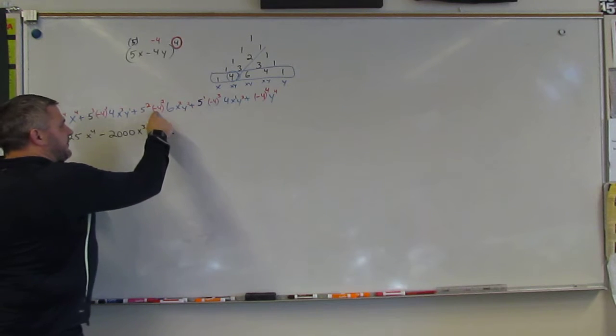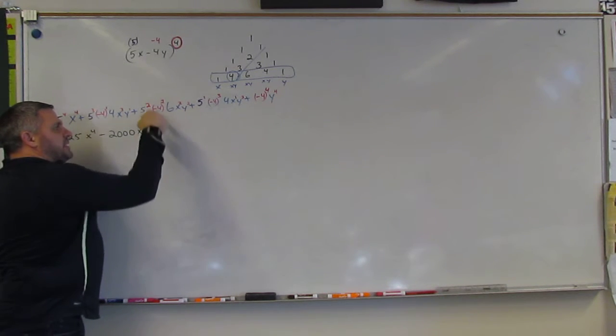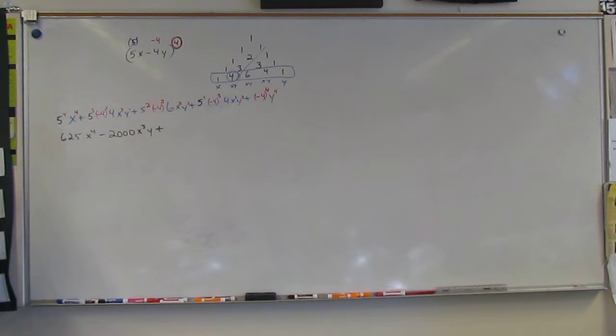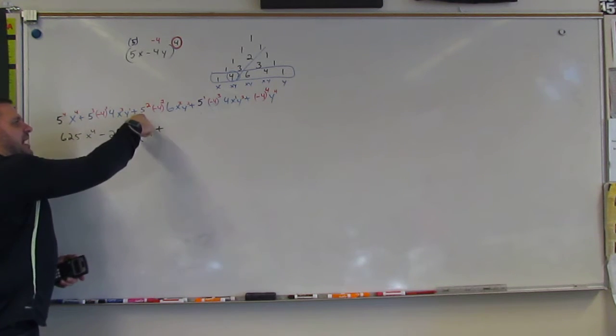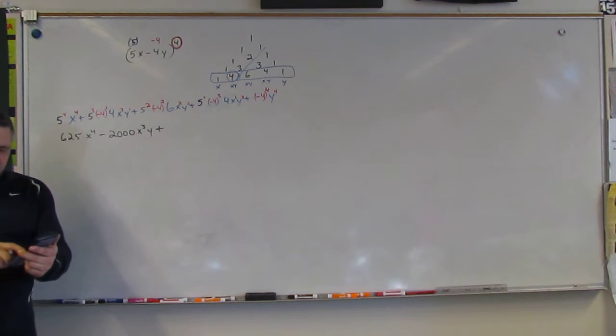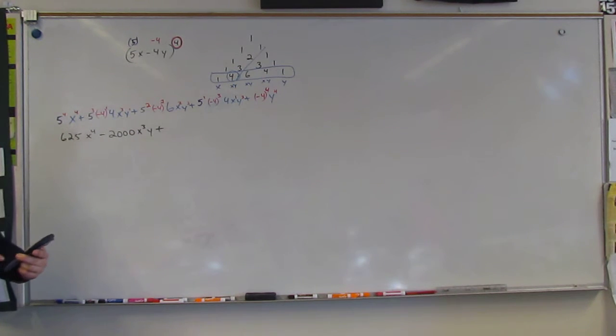Now with this negative, it's squared. So that means that it's a positive. Okay? And then I do the 5 squared and the 4 squared. Well, I know 5 squared is 25. And we all should know that, right?